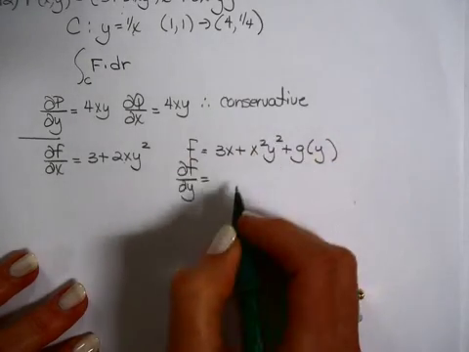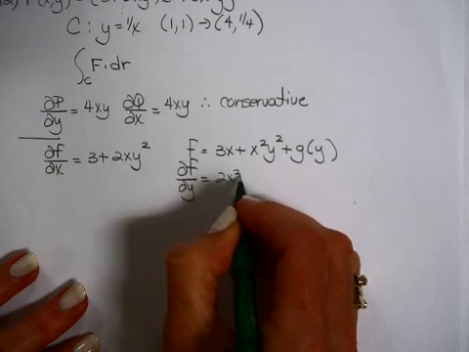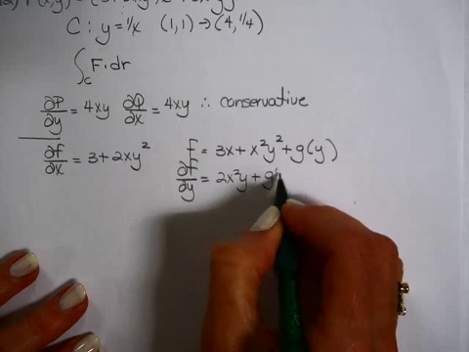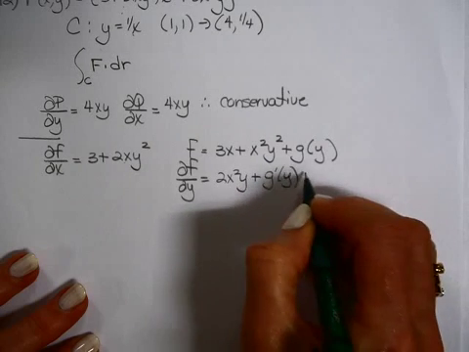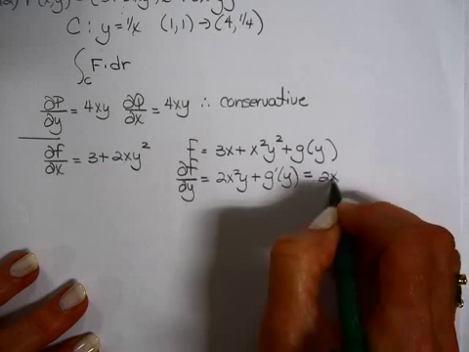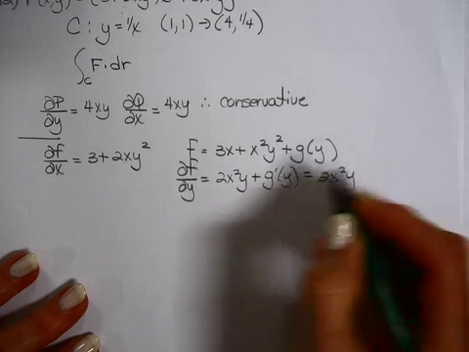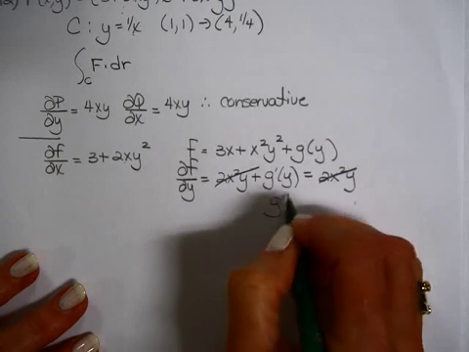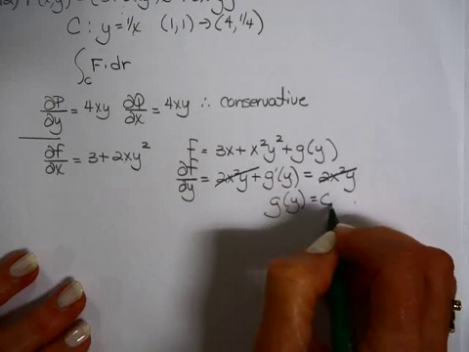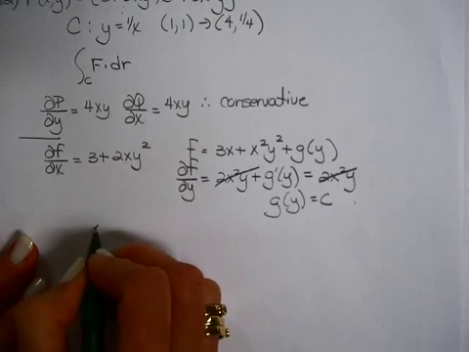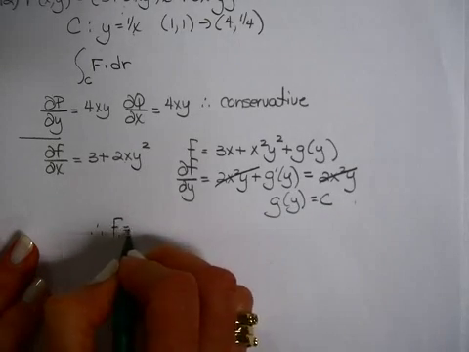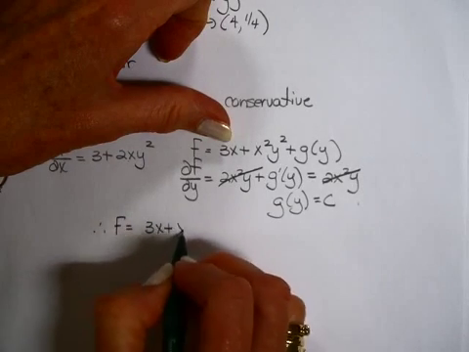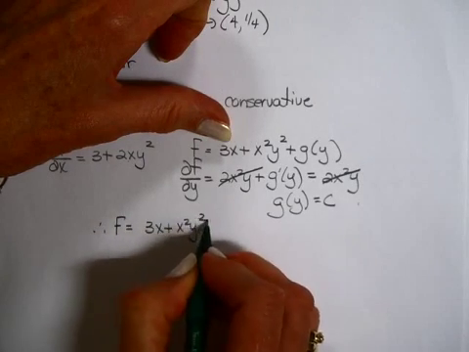That's 0. This is 2x squared y plus g prime of y. I'm going to compare it to 2x squared y. That means g prime is 0, which means that g of y is just a constant. Therefore, your function f, the one you're going to need in your problem, is 3x plus x squared y squared.